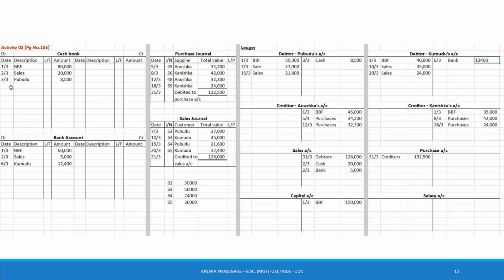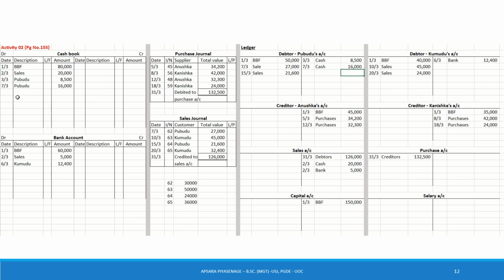First we record the cash receipt, 7th of March from Kumudu, 16,000 cash. Then Kumudu's account, 7th of March, cash 16,000.